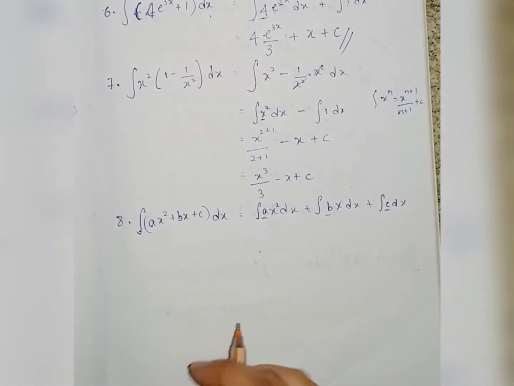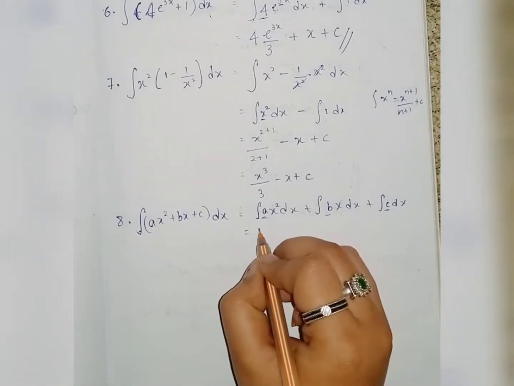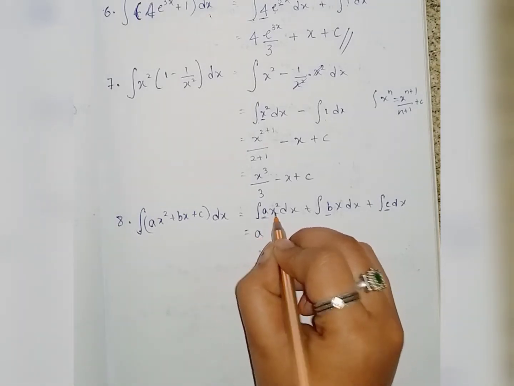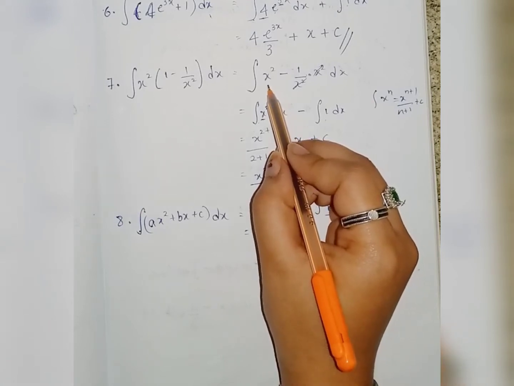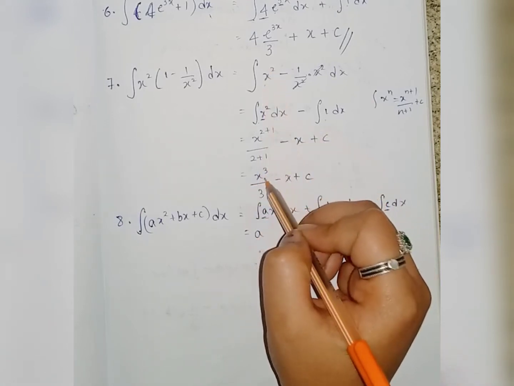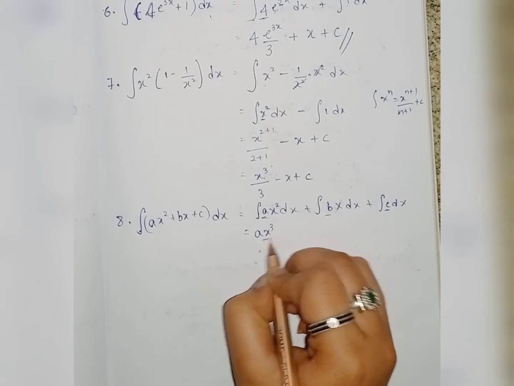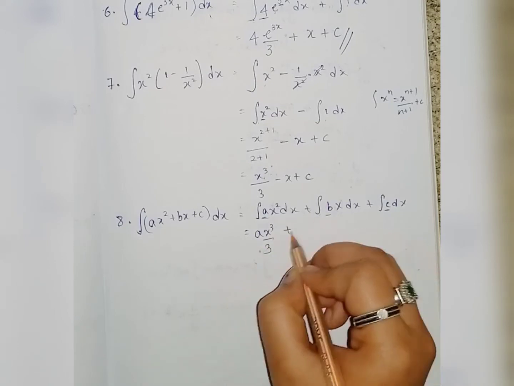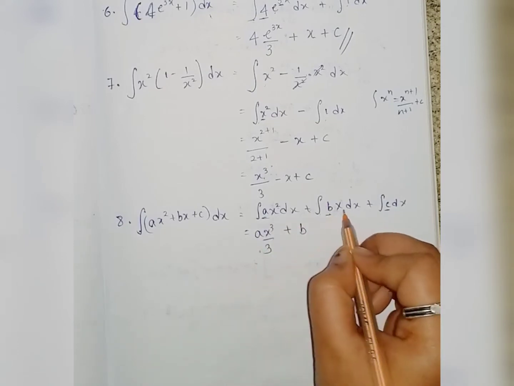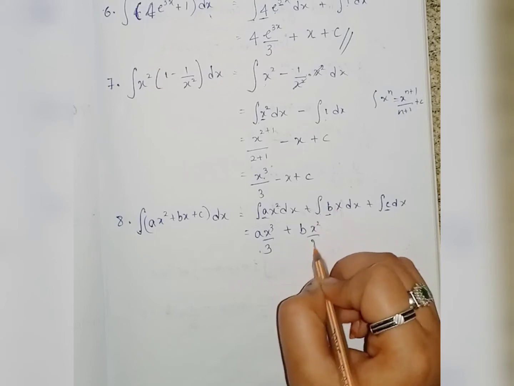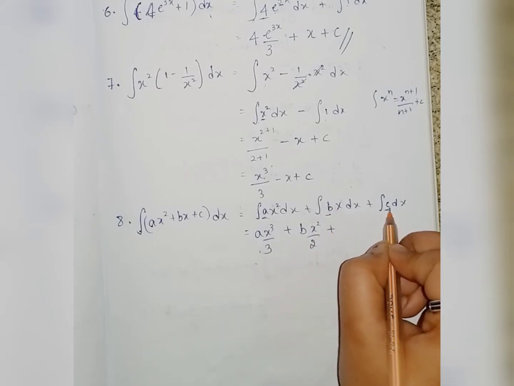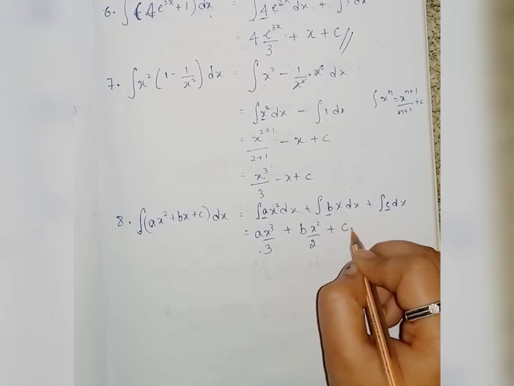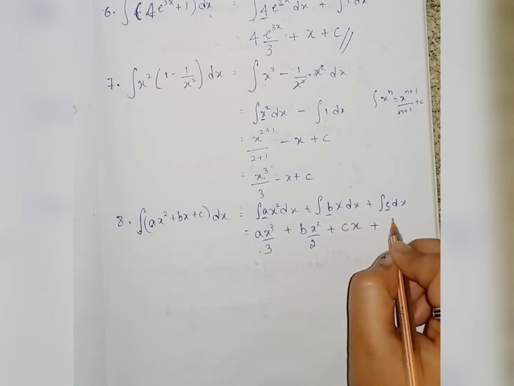Integration of a constant is constant times x. Now a comes as it is, and integration of x square is x cube by 3. So a x cube by 3 plus b times integration of x, which is x square by 2, plus integration of c, the constant, is c into x, plus c.